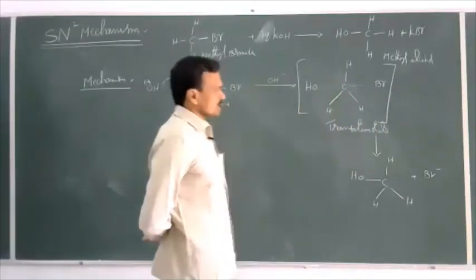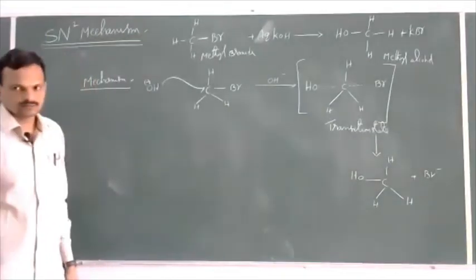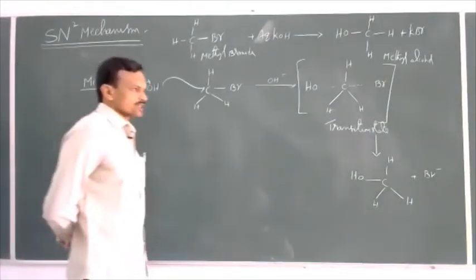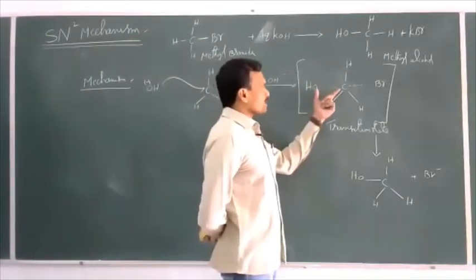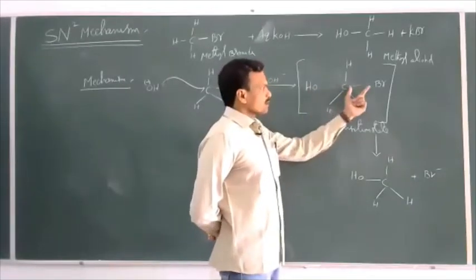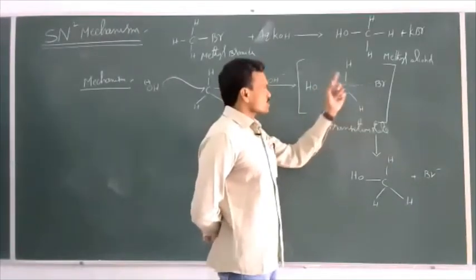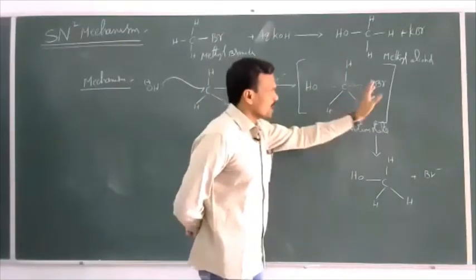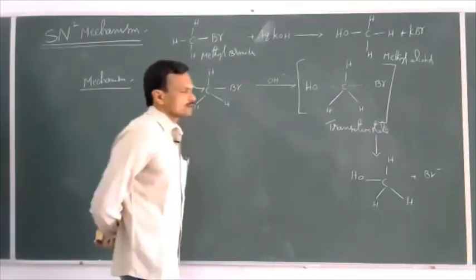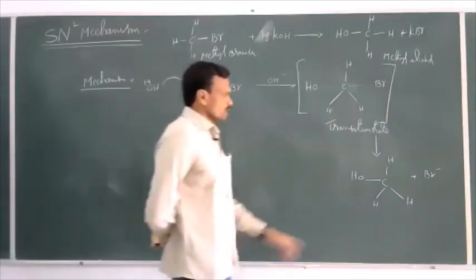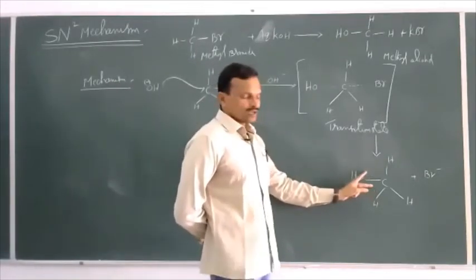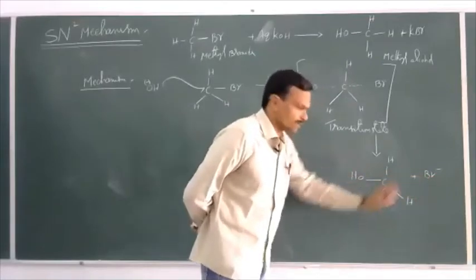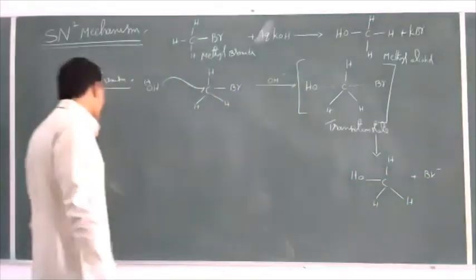Now this is called a transition state. With time, the bond between carbon and oxygen becomes strong and carbon-bromine becomes weak. Whenever a strong bond is formed between carbon and oxygen, Br minus will leave the reactant molecule. Then we get methyl alcohol as the product with the elimination of Br minus. Right.